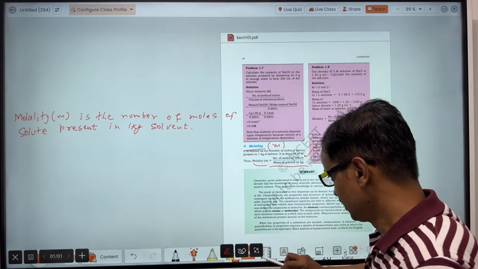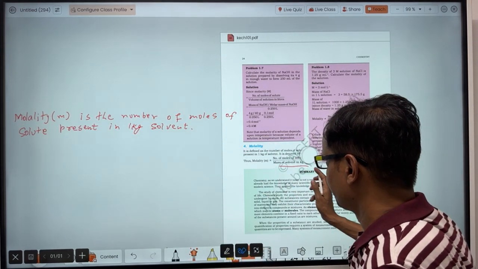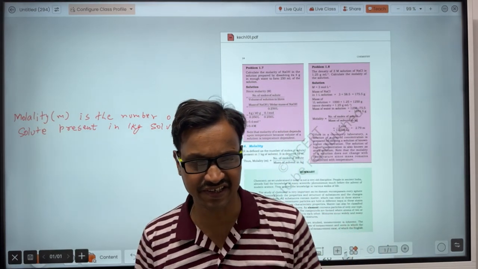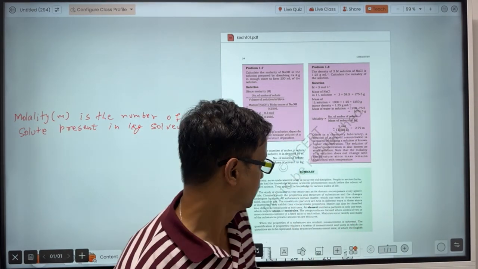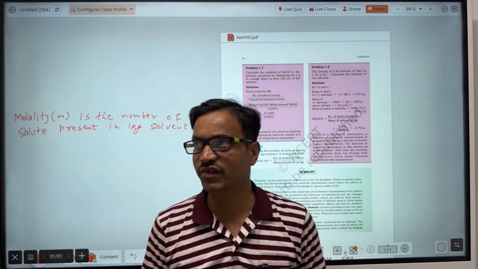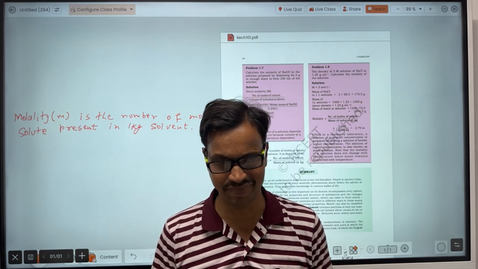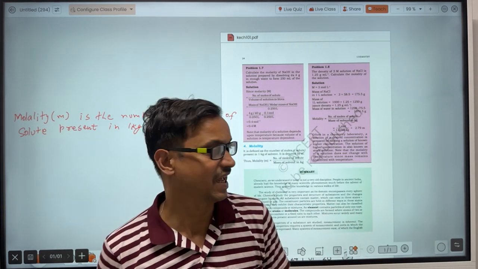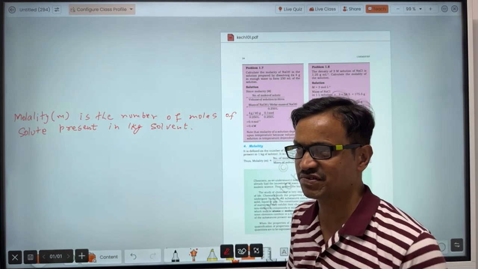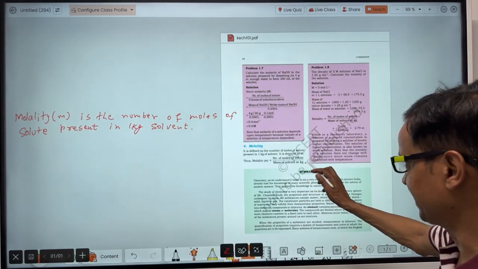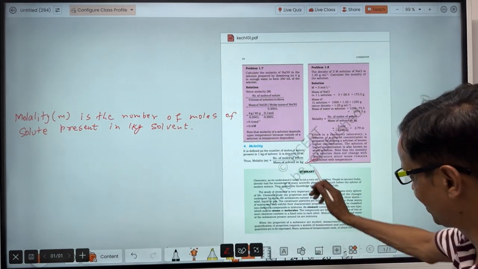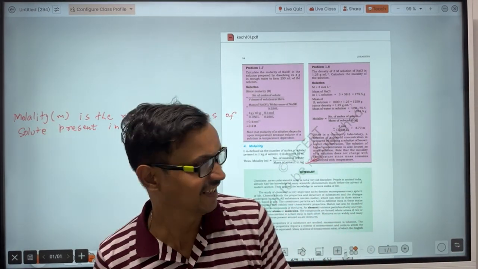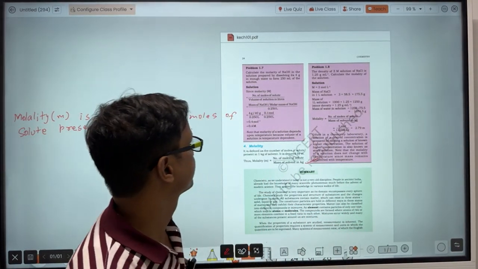Keep in mind, during molarity we consider the volume of the whole solution, but during the calculation of molality we consider the mass of only the solvent, and not the whole solution. So that is molality.